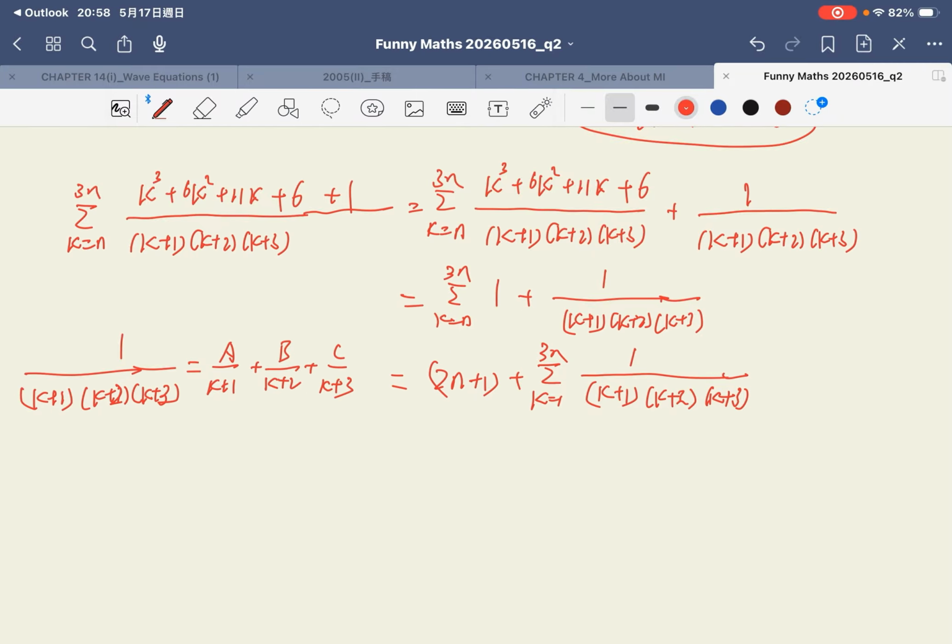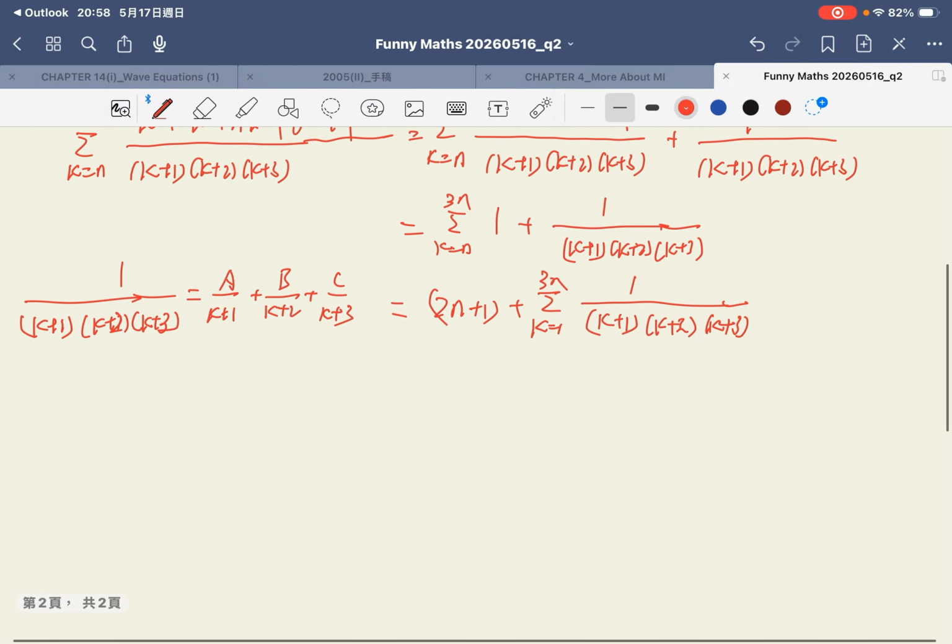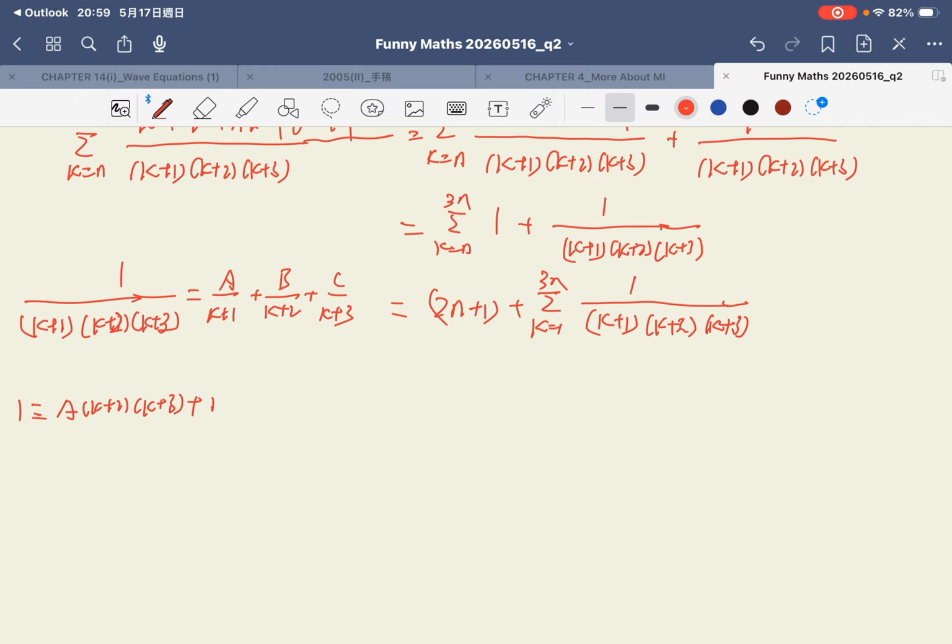Make the same denominator, and you get 1 identically equal to a times (k+2)(k+3) plus b times (k+1)(k+3) plus c times (k+1)(k+2).